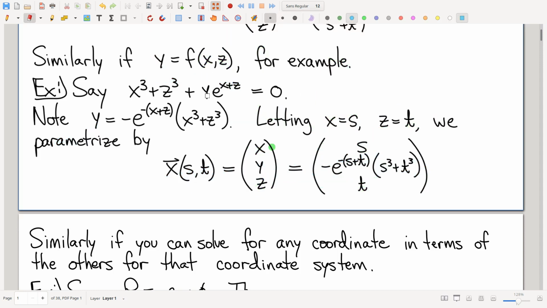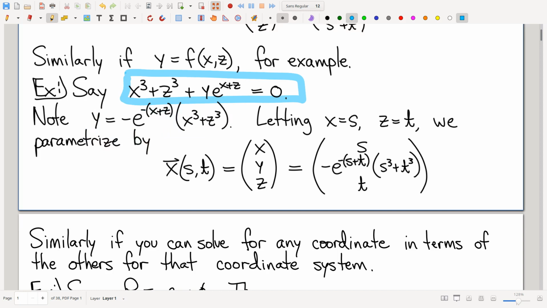Let's go back and look at this. I wasn't actually in this question given y being a function of x and z. The question did not come quite in that form. The question came in the less clear form of we were looking at a surface with an equation. It didn't come as a graph.